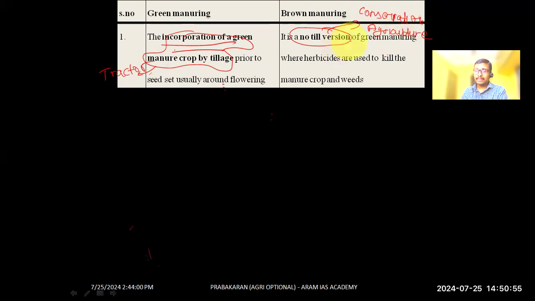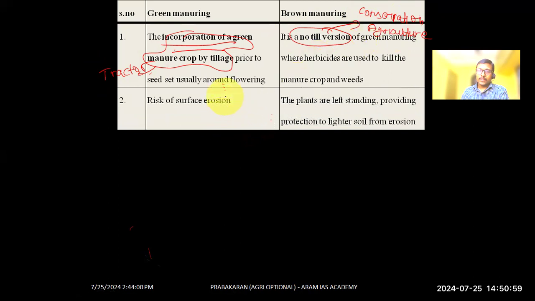Tillage was not practiced in brown manuring. Green manuring was prone to surface erosion, whereas the risk of surface erosion was not there in brown manuring. The plants are left standing, so it protects the lighter soil from erosion.